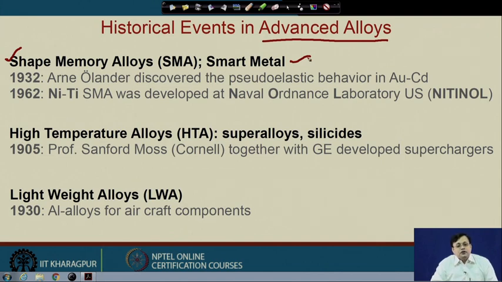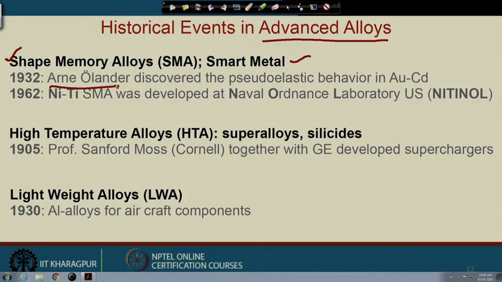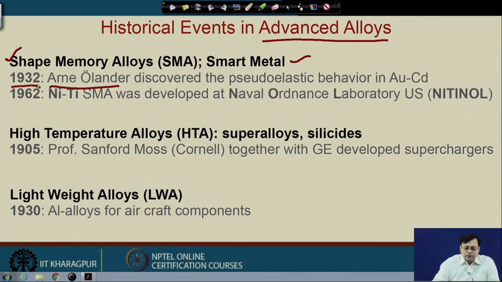So, if we change some of the thermodynamic conditions like temperature, pressure and so on, then the material regains its old shape. So, Arne Olander, a Swedish scientist, in 1932 first discovered a pseudo elastic like behavior in gold cadmium system, and this was a really big achievement.